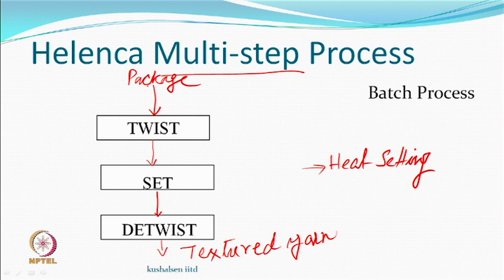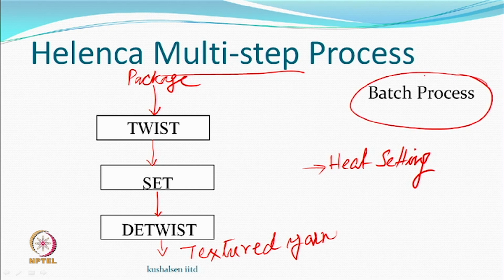So, you have a package, then you go somewhere and do the twisting, and then go somewhere maybe in autoclave, because you have to keep them for setting, and then go to another machine for detwisting, and therefore, it becomes a batch process.